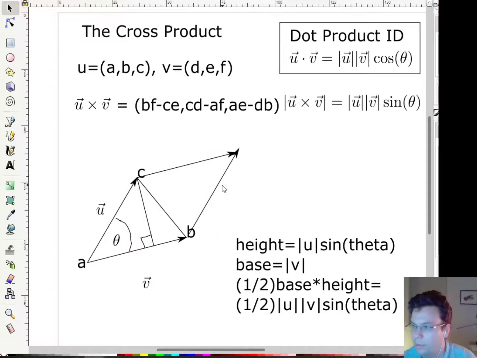What this is saying is that the magnitude of the cross product is the area of that whole parallelogram. In this parallelogram, you have two triangles with equal area. Each one has area 1/2 magnitude of u times magnitude of v times sine of theta. But I've got two of them, so I multiply by 2 and I'm left with magnitude of u times magnitude of v times sine of theta. So nice. We can use the cross product to compute areas.